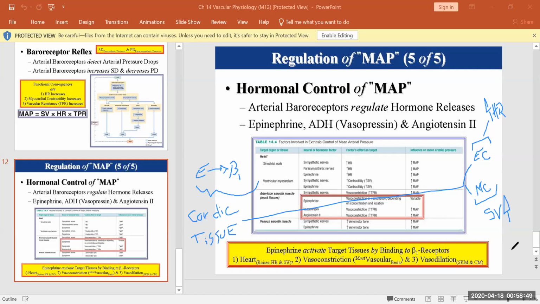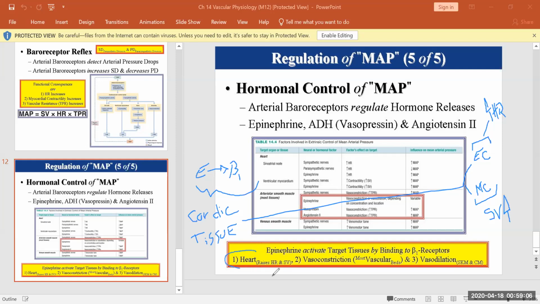It induces the cardiomyocyte to contract stronger, so pumping out more blood per heartbeat. Okay, so that's what you see here. Heart raises HR and SV.